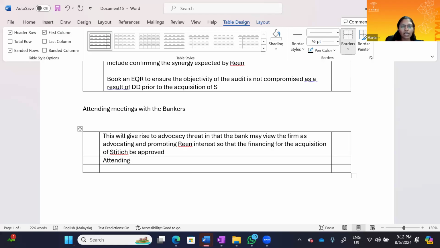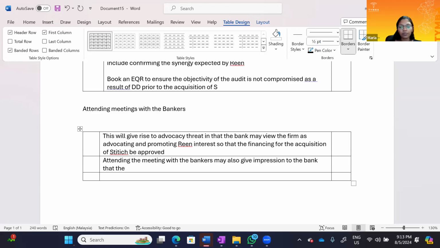Attending the meeting with the bankers may also give the impression to the bank that the firm is guaranteeing the success of the investment.